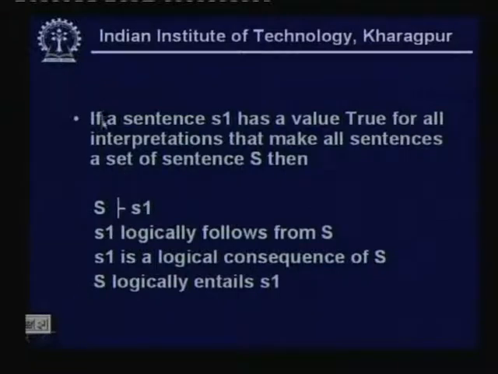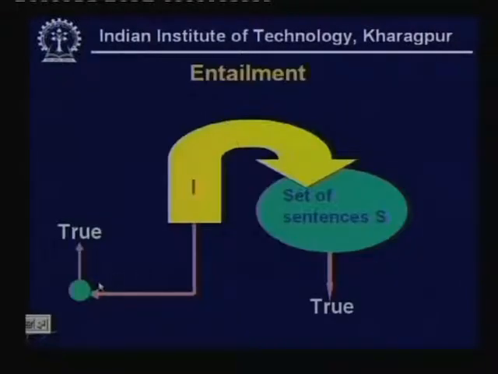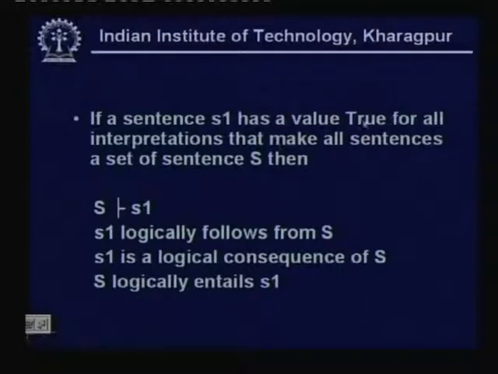Now, put in words: suppose this small bubble is S1 and there is a set of sentences, capital S. If the sentence S1 has a value true for all interpretations that make all sentences in the set S true, then we can say that the set S logically entails S1.